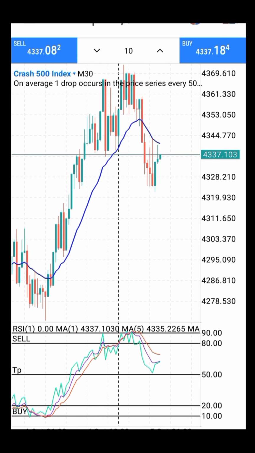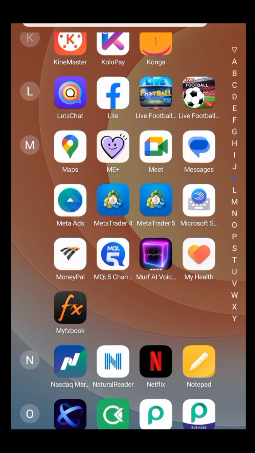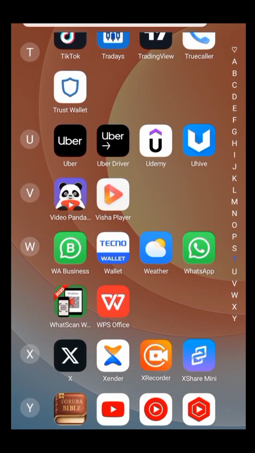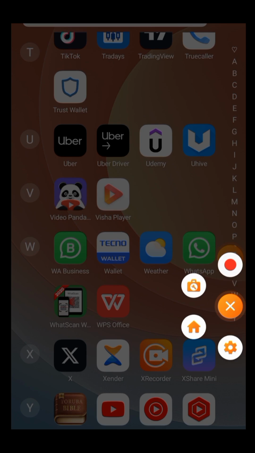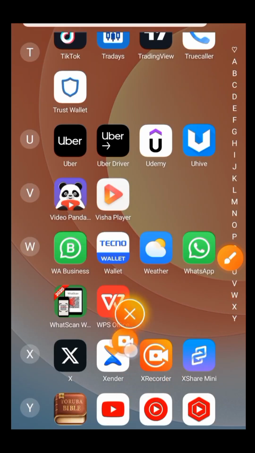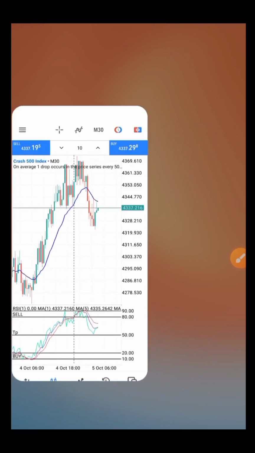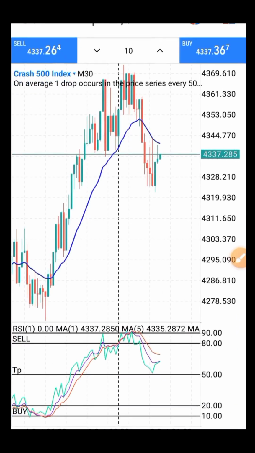What is double top? Let me quickly bring out my drawing tools to show you what a double top looks like. This is how a double top looks if you are selling.